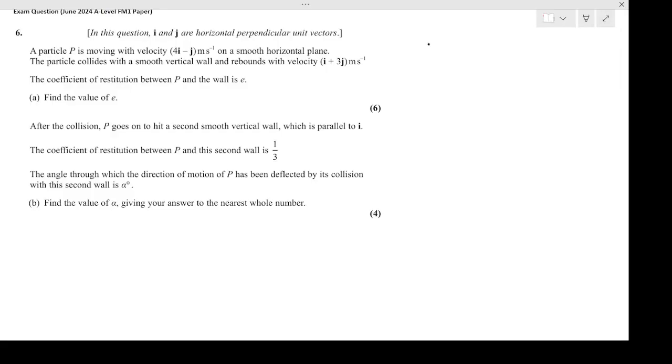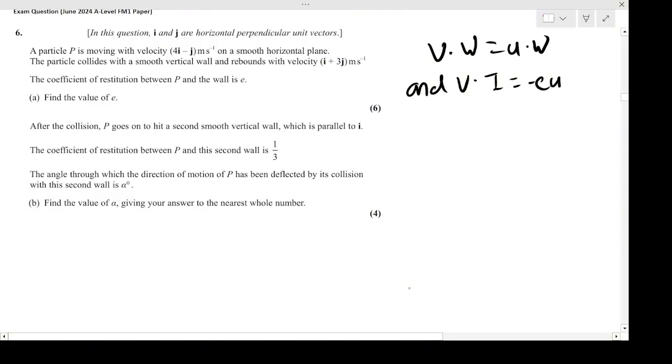It's going to be v dot w is u dot w, and v dot i is minus e u dot i. I've done many examples using this in the last video, so hopefully you are familiar with this, but there we are.